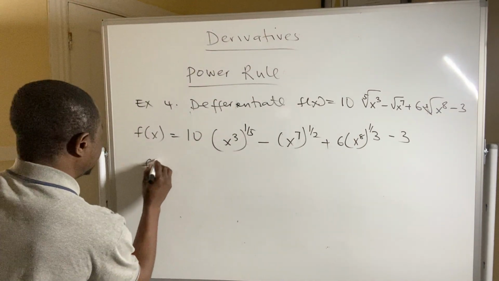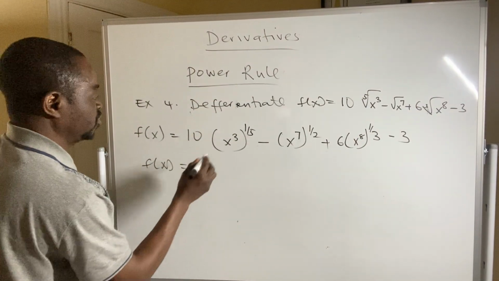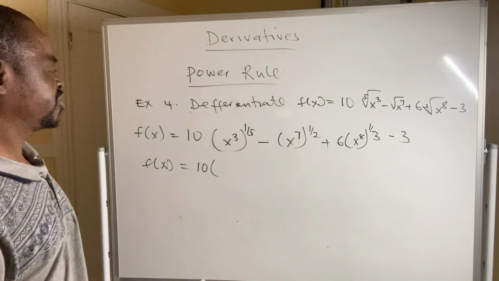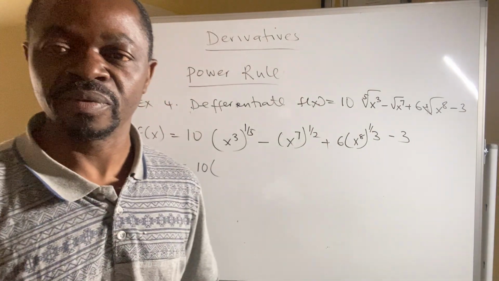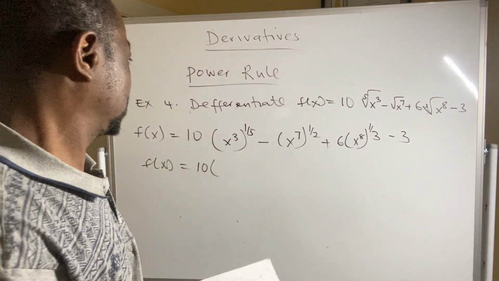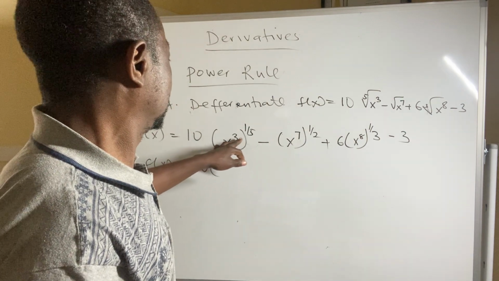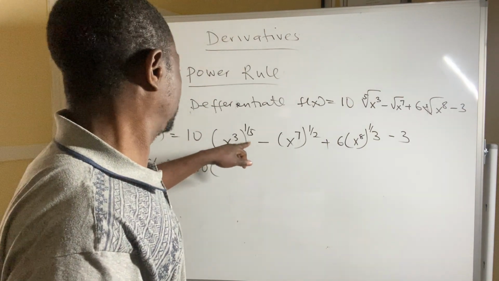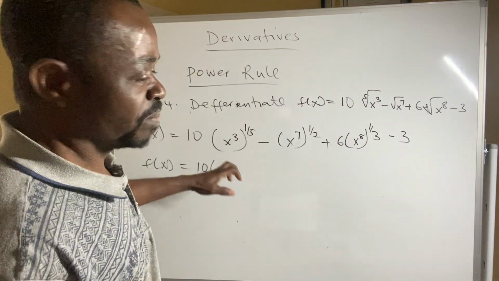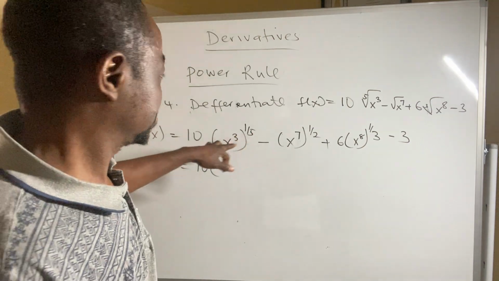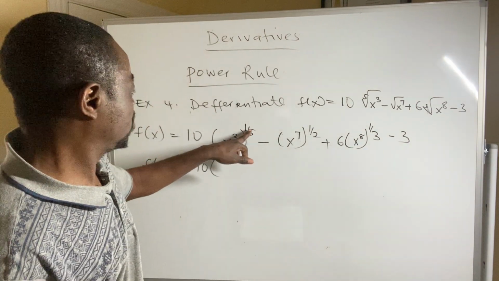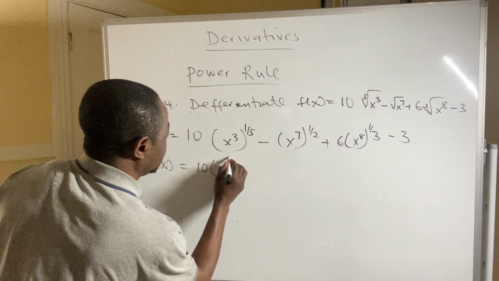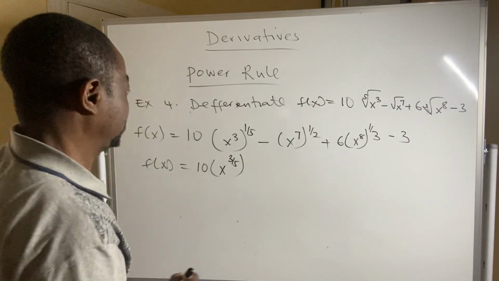Right, so let's simplify it. This was 10 into brackets, x raised to the power 3 raised to the power 1/5. In terms of indices, these are powers, so you're multiplying a power by a power. If anything is raised to a power and then to another power, you simply multiply the powers. So you have 3 by 1/5, which gives x raised to the power 3 on 5.